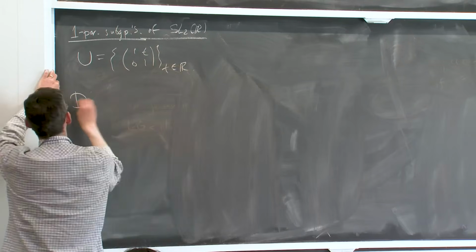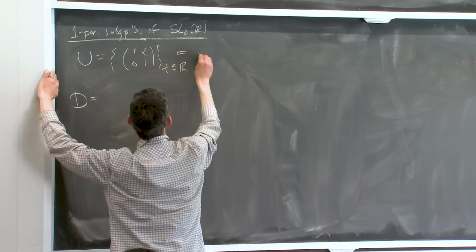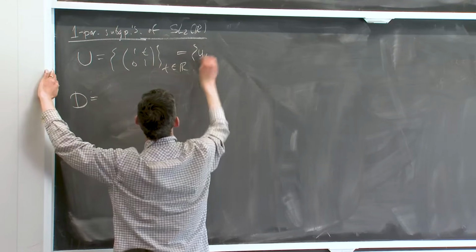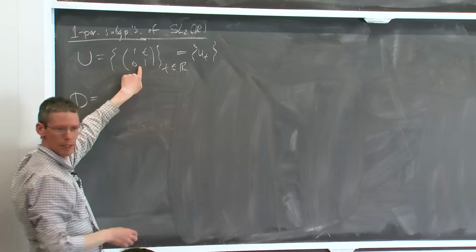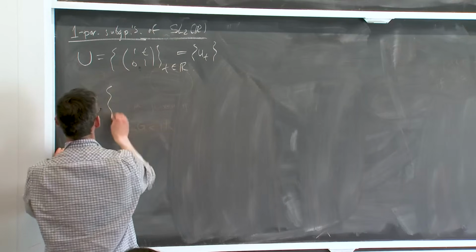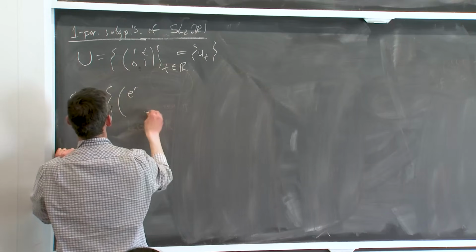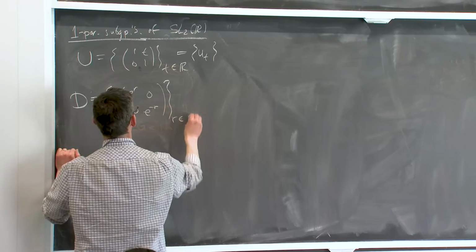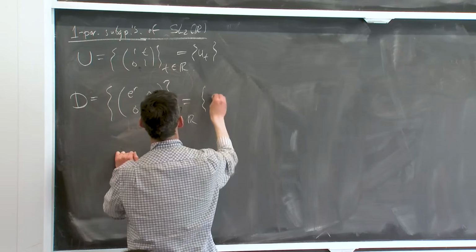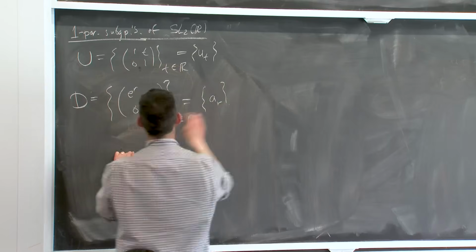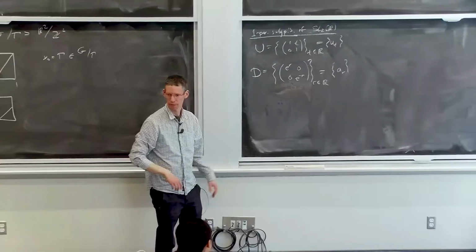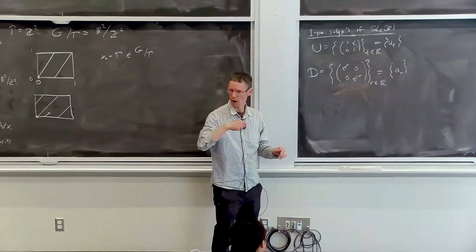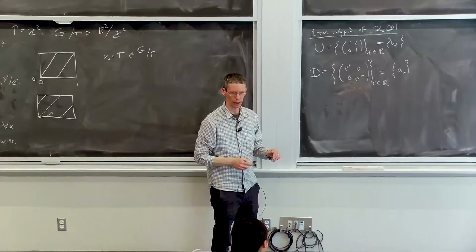And the other one is the diagonal subgroup, (e^r, 0; 0, e^-r), little r in the reals. And this I'll call the set of A sub r. So this matrix here is called A sub r. OK, so those are one-parameter subgroups. And now we can ask our question about what the orbits look like.